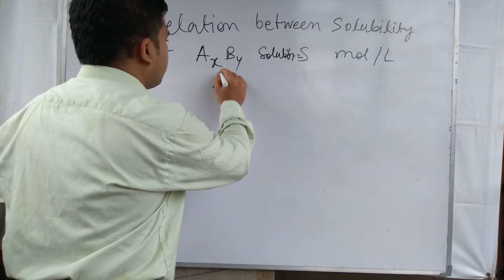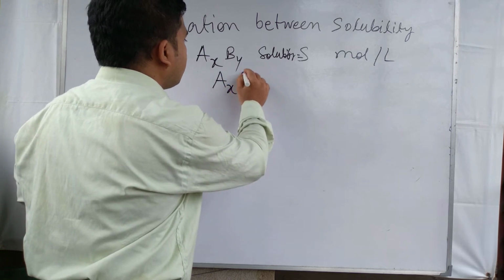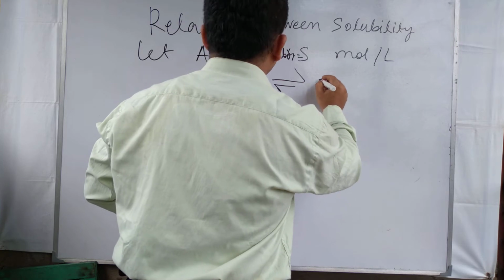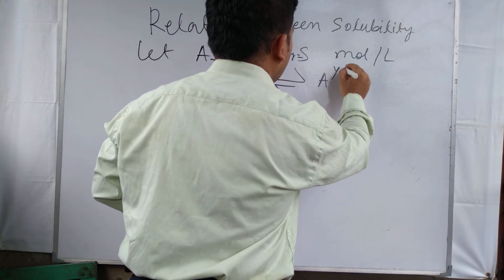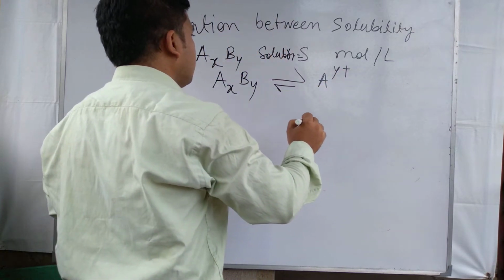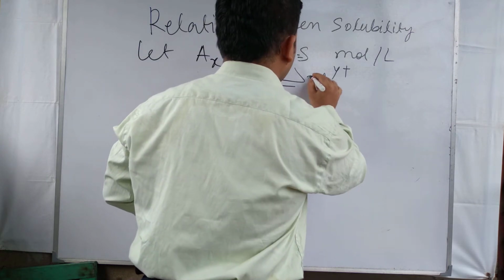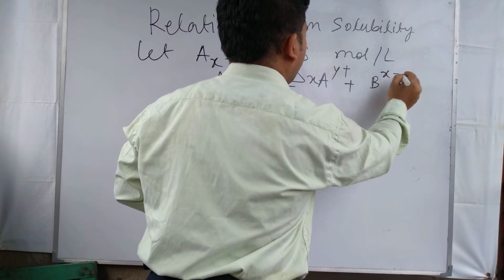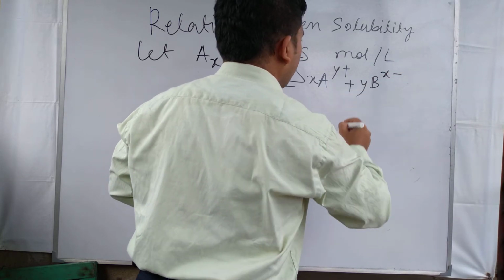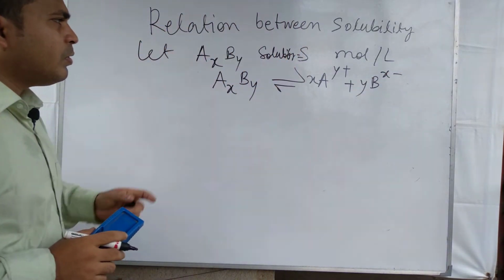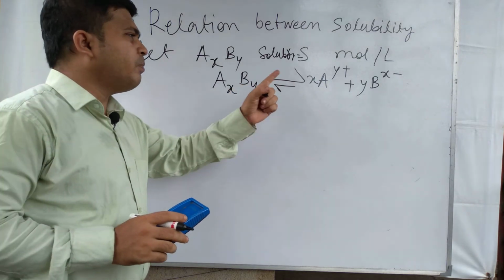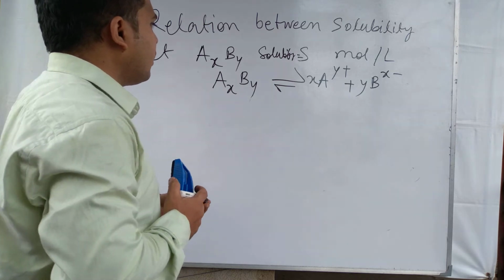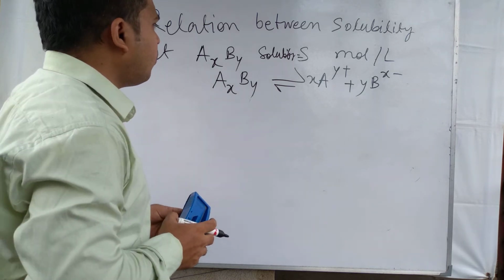So for this salt we find the splitting of the salt as A to the Y plus and B to the X minus. So this is the format of splitting the salt AxBy in the soluble form.